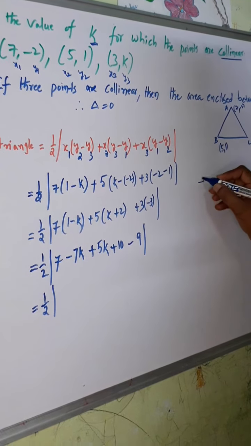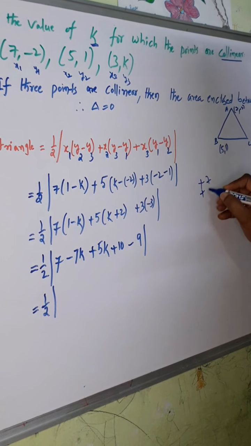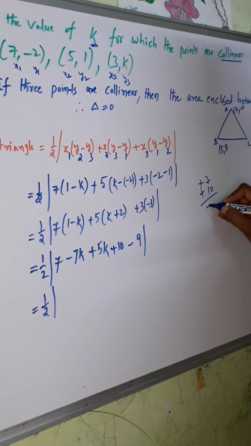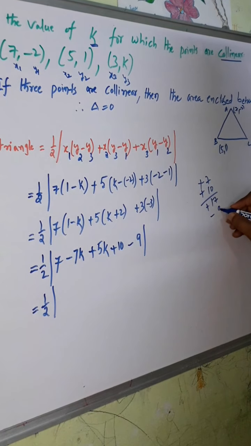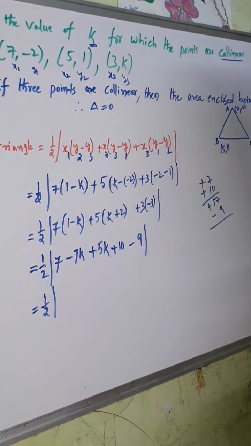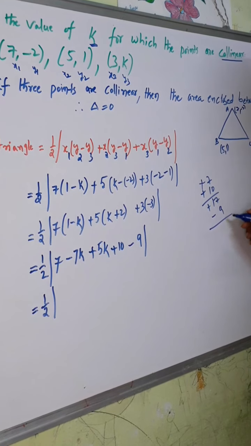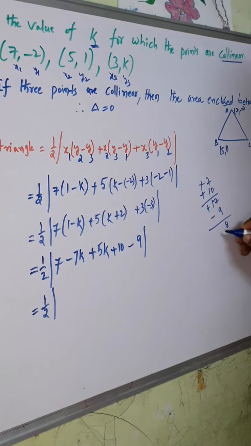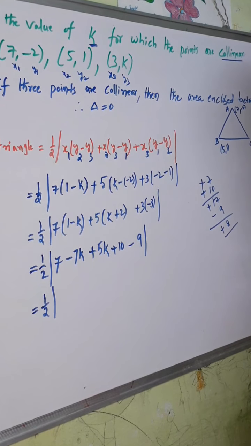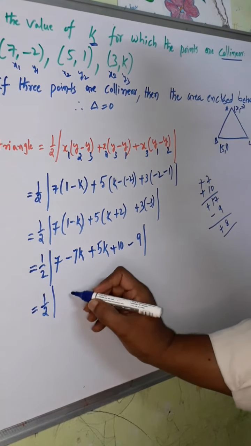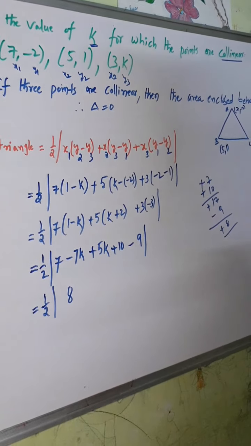Plus 7 plus 10 is plus 17, now minus 9, subtract, plus 8.